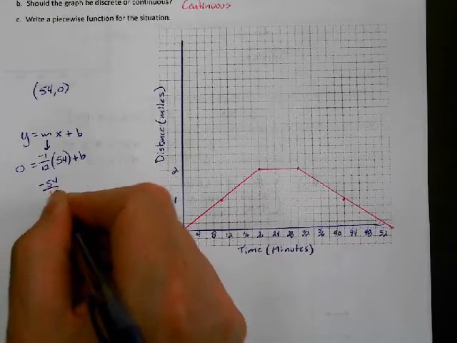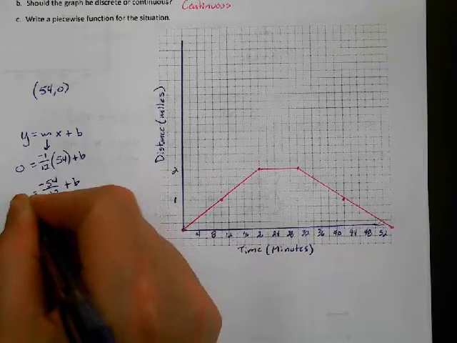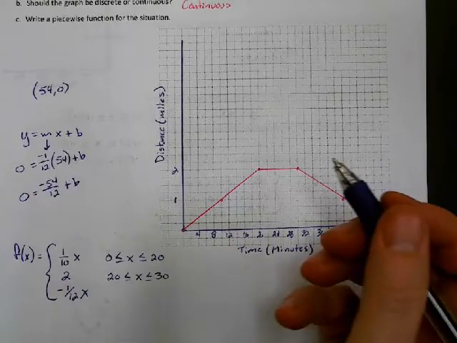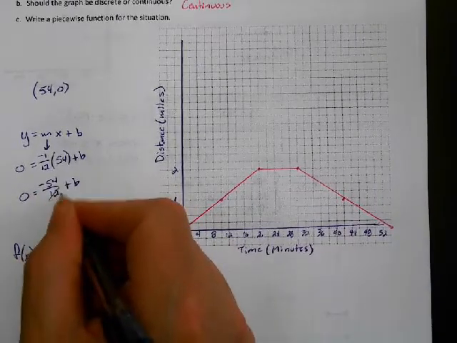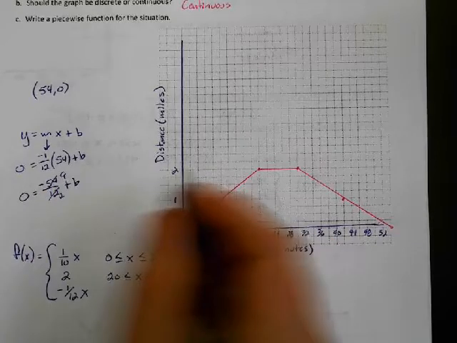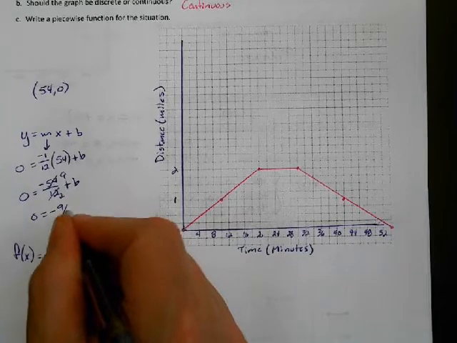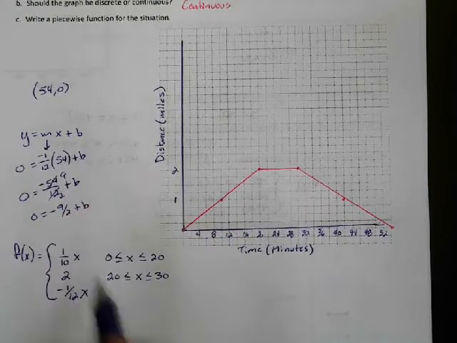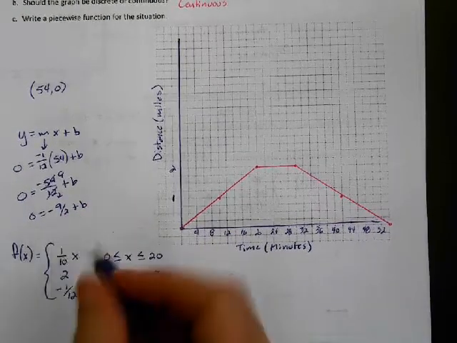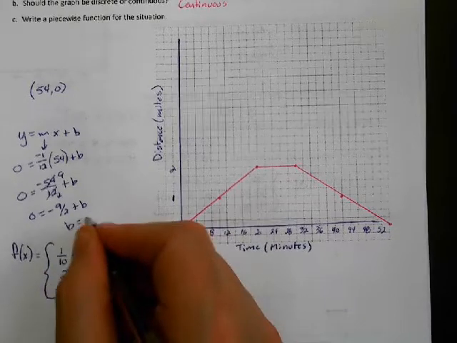I think we should be able to reduce that. Yeah, 6 goes into both of those. Goes into here twice, goes in here 9 times. So we get 0 equals negative 9/2 plus b. So I would add 9/2 to both sides, and the y-intercept looks like it is 9 over 2, or 4.5, however you want to do it.